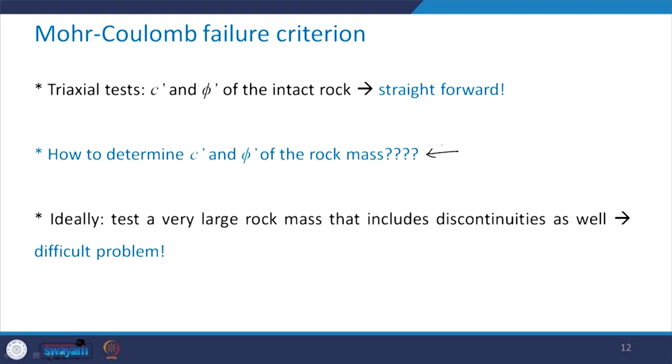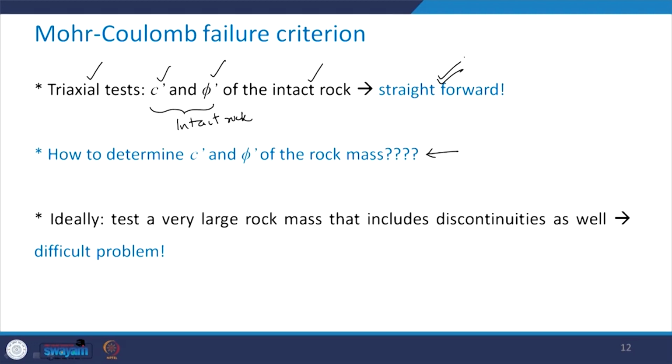As far as c prime and phi prime for the intact rock are concerned, we can straightforwardly conduct the triaxial test and analyze the data of this test in order to get c prime and phi prime for the intact rock. This is pretty straightforward. The question is how to determine these for the rock mass.